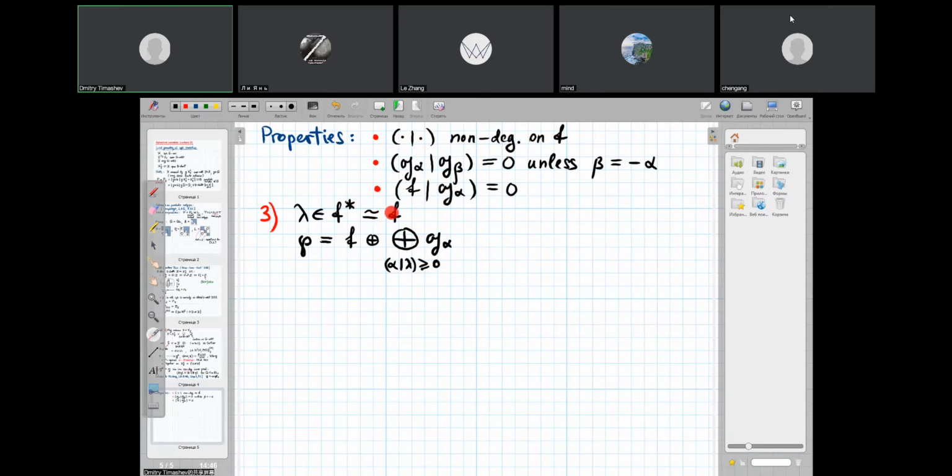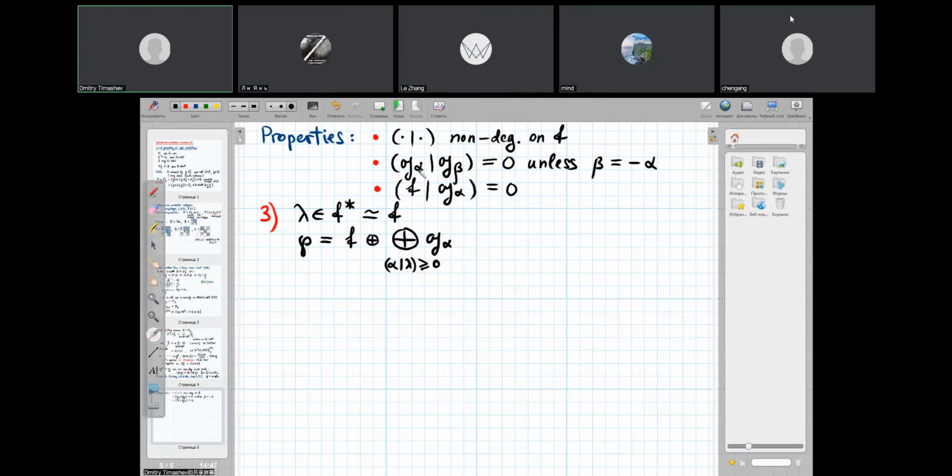So by this identification, sorry, yes? Sorry, Professor, I have a question. Please. The bilinear form, by the same argument, if beta equals alpha, then the invariance tells us that their inner product is zero. Exactly, you are right.